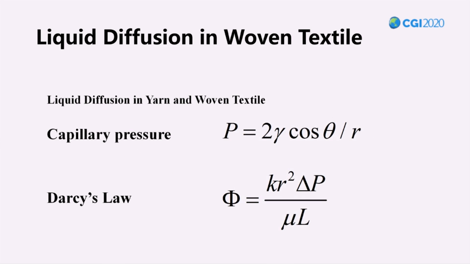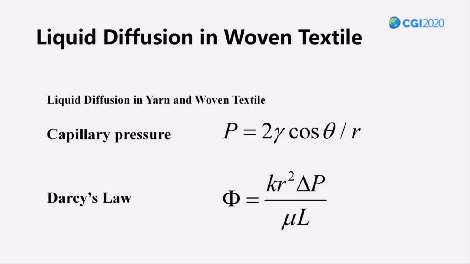The capillary pressure formula calculates the pressure formed by the fluid in the capillary tube. Gamma is the liquid surface tension. R is the inner radius of the fiber tube. Theta is the contact angle.